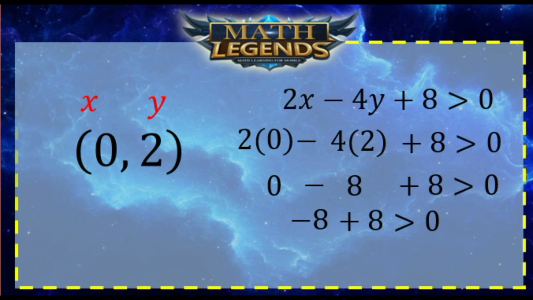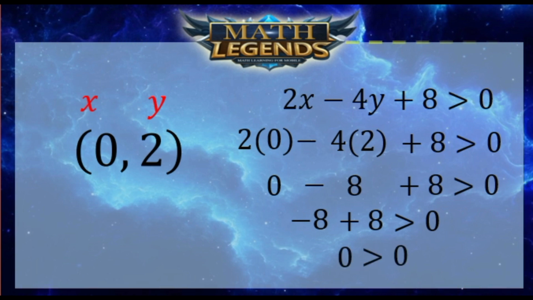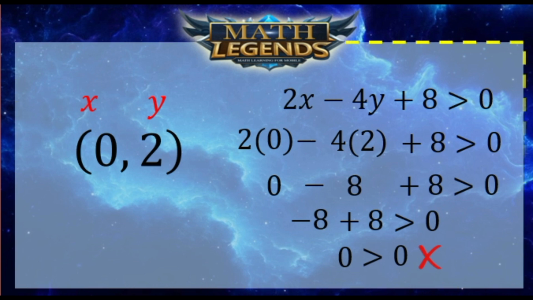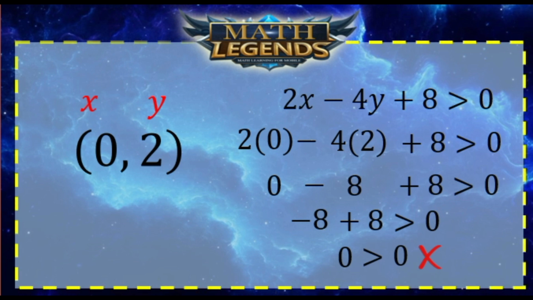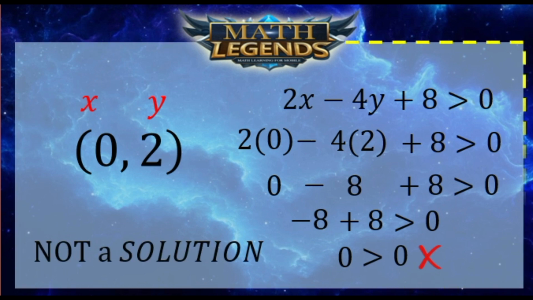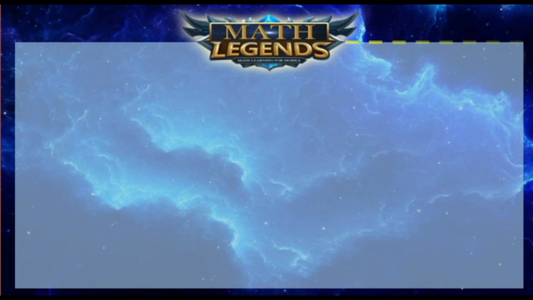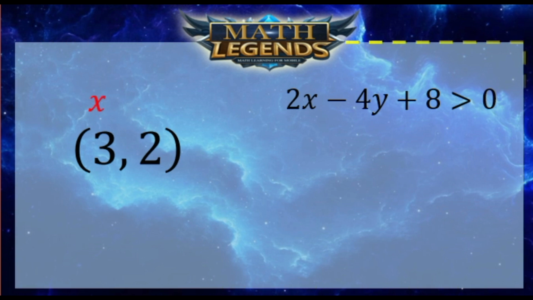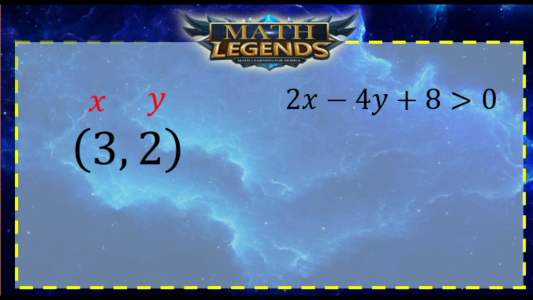Negative 8 plus 8 is equal to 0, greater than 0. And as you can see, it is false that 0 is greater than 0. So therefore, we can conclude that the ordered pair 0 and 2 is not a solution of our given linear inequality. Now, let us try the next one, 3 and 2. We have x equal to 3 and y equal to 2.